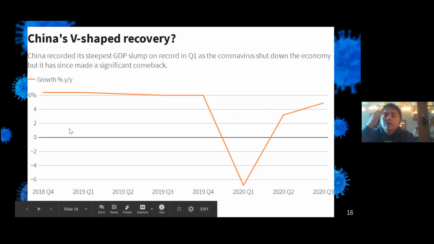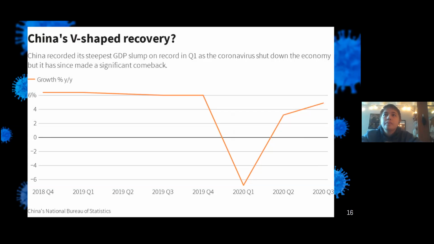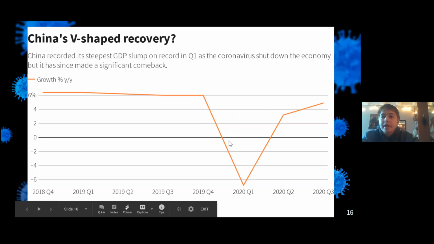Then, in addition to flattening the curve, the lockdown, of course, has an impact on the economy. When we're looking at year-over-year GDP growth for China, you can see in the beginning of 2020 there was a big dip, presumably based on the lockdowns.